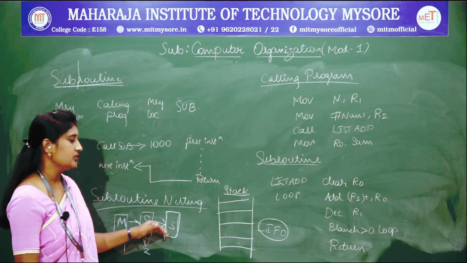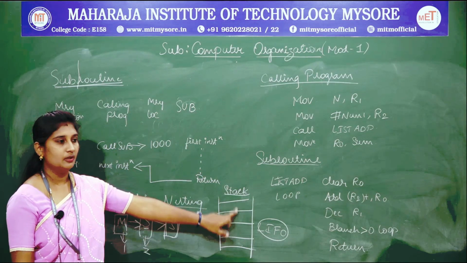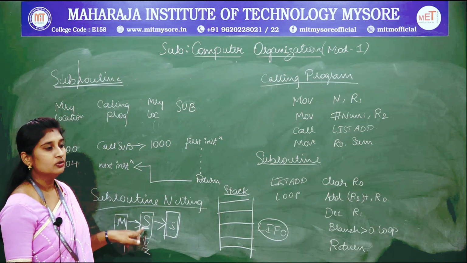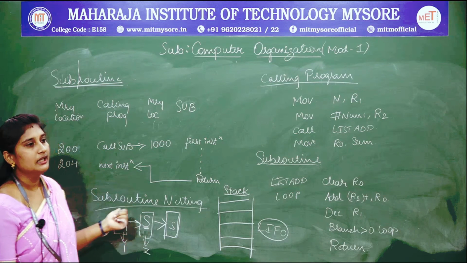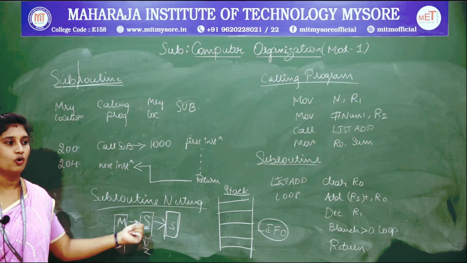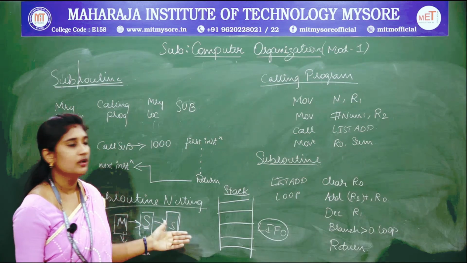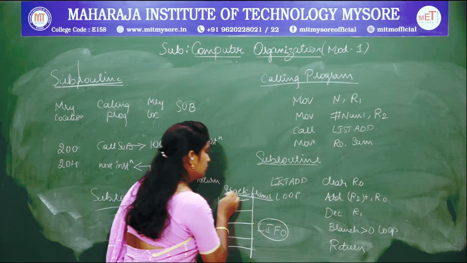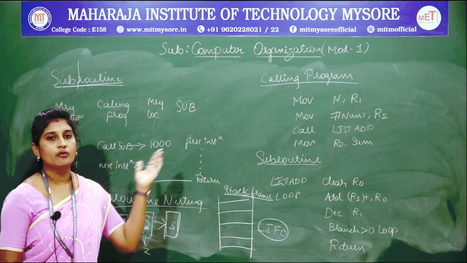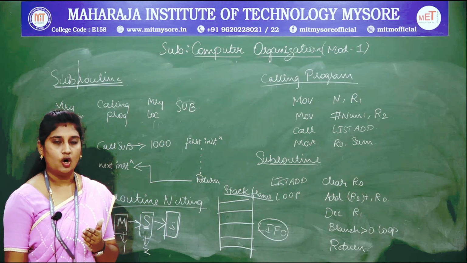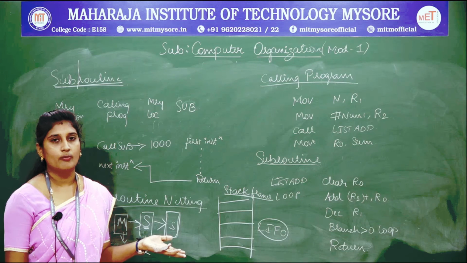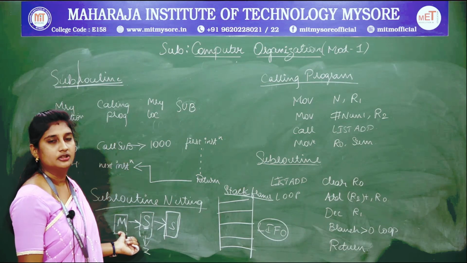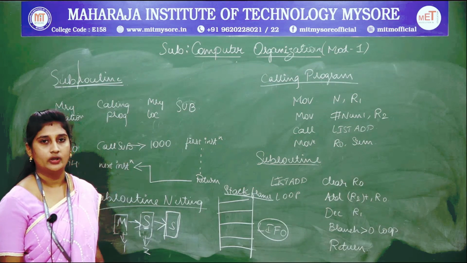The last address which is entered into your stack frame will be the first one to come back to the other subroutine. So to store the link registers of your main program and your subroutines, you will be using stack frames, so that you can easily save all the addresses which you have altered, resume back to that subroutine, and again from that subroutine shift back to your main program.